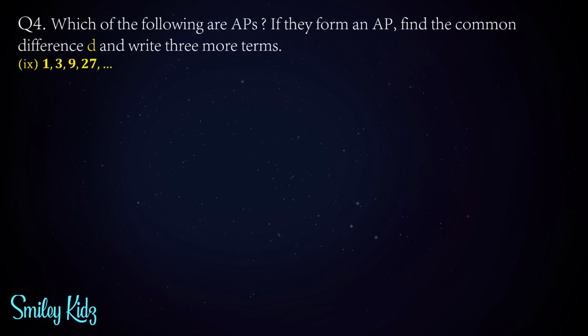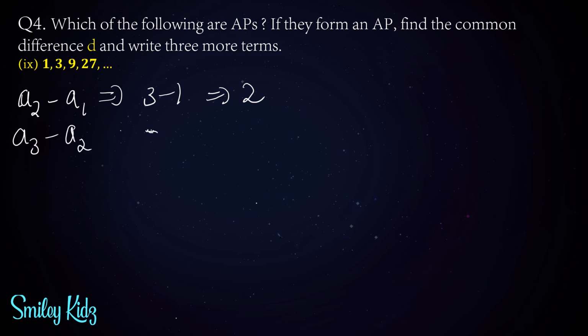Moving ahead, we have the 9th sub question, which says 1, 3, 9, 27 and so on. Now A2 minus A1, the same procedure for all the sums. So 3 minus 1, which is 2. Then A3 minus A2, which is going to give you 9 minus 3, which is 6.